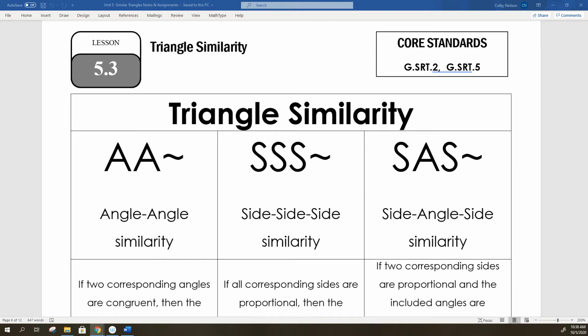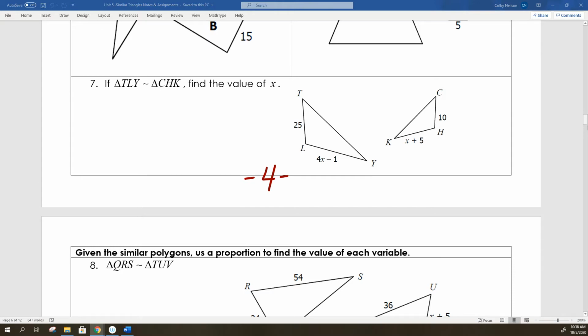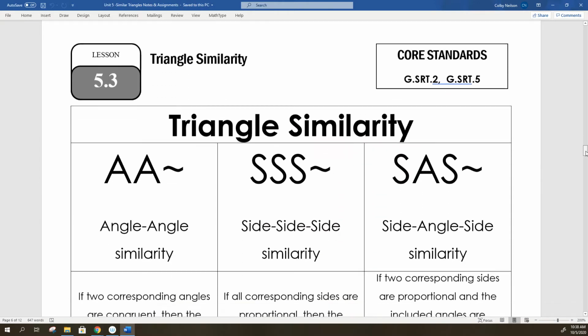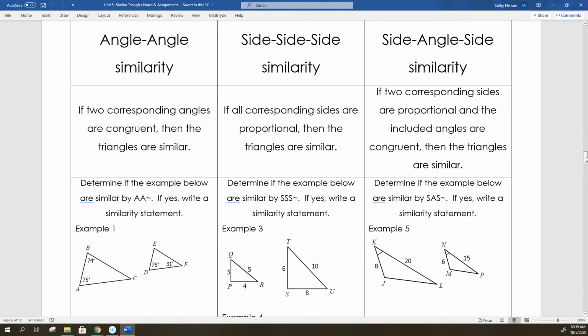All right, so on the 5.3 section, triangle similarity. This is a little different than congruence because we don't need as many pieces of information for similarity.